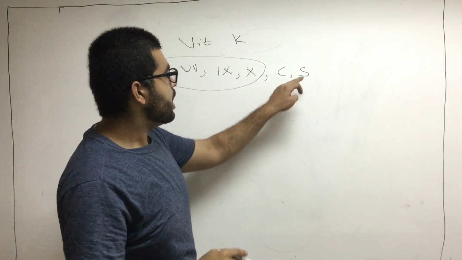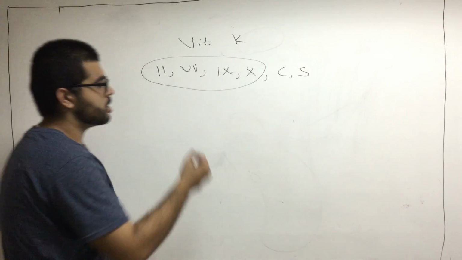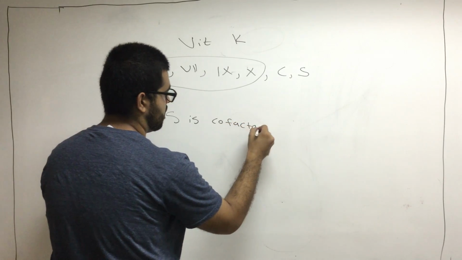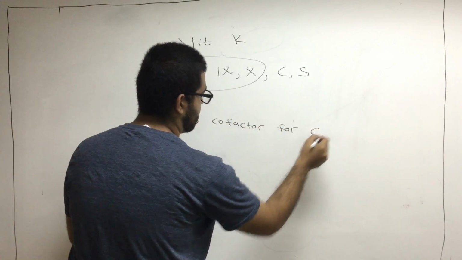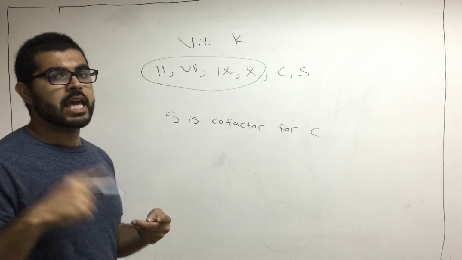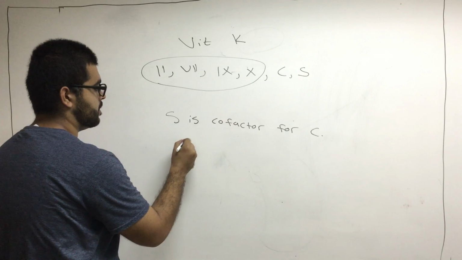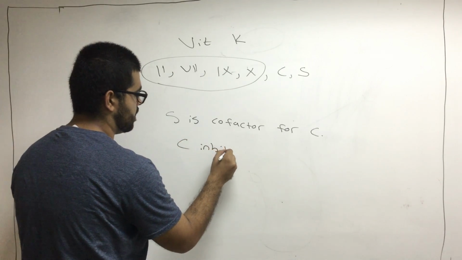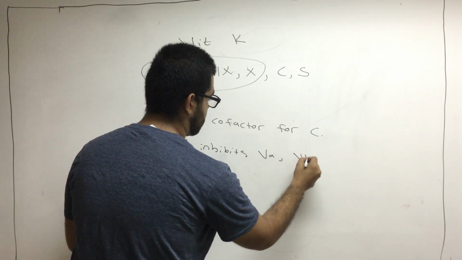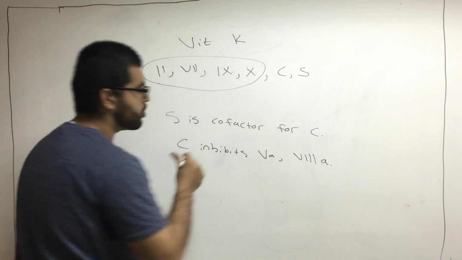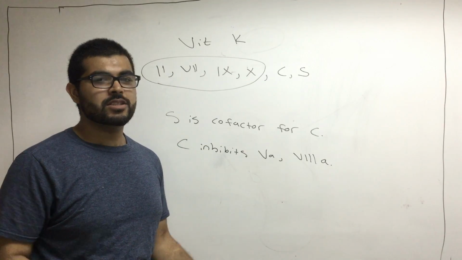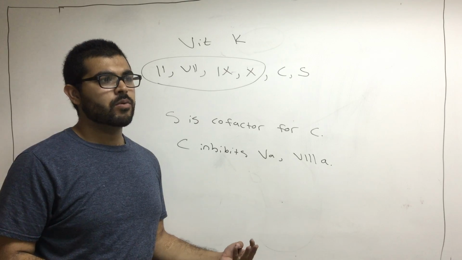C and S: S is the cofactor for protein C, and the job of C is to inhibit factors 5a and 8a. So basically, protein C and S inhibit the clotting cascade. And why do we have to inhibit that?